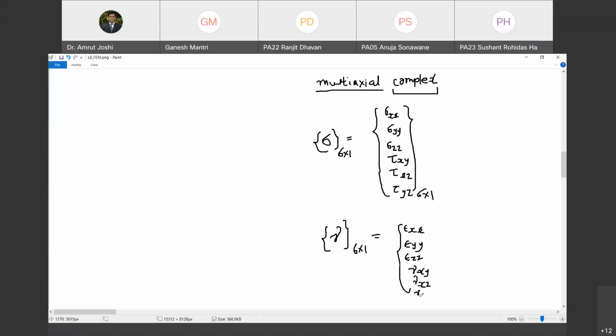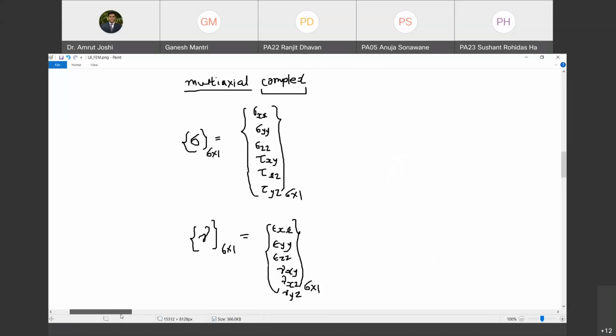This sequence may change a little later depending upon the standard way of writing the stress and strain tensors. I may change the sequence of shear strains later on, but the concept remains the same. Are you with me? Yes, sir. This is now 6 cross 1.